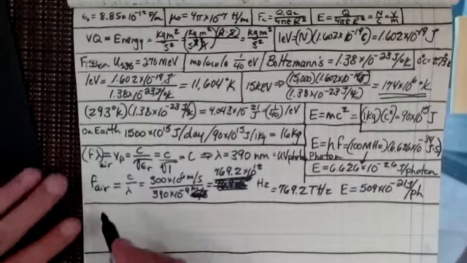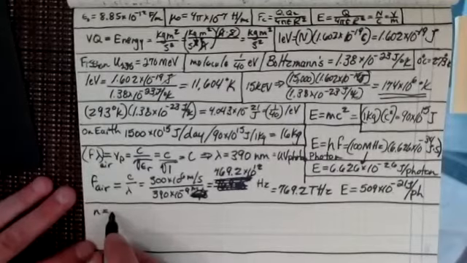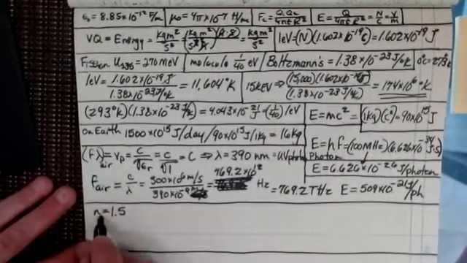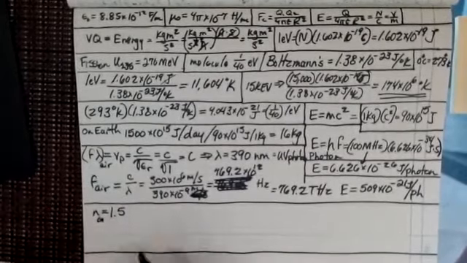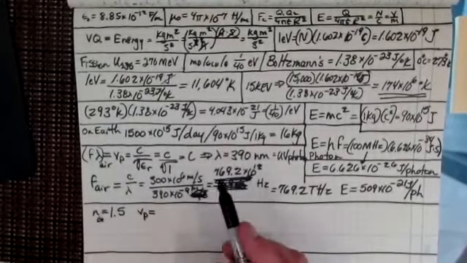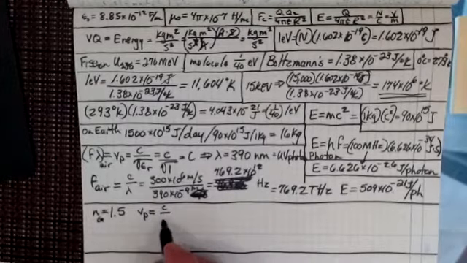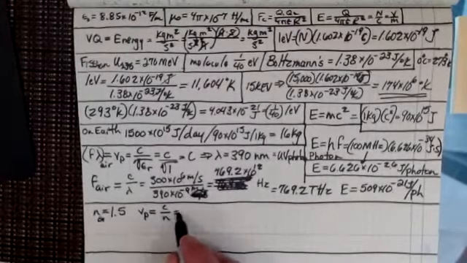Now, I also want to say, well, what about if this is going through glass? The index of refraction for glass is 1.5. So the velocity of propagation through glass, and this is just a review of your high school physics, is just the speed of light divided by the index of refraction.